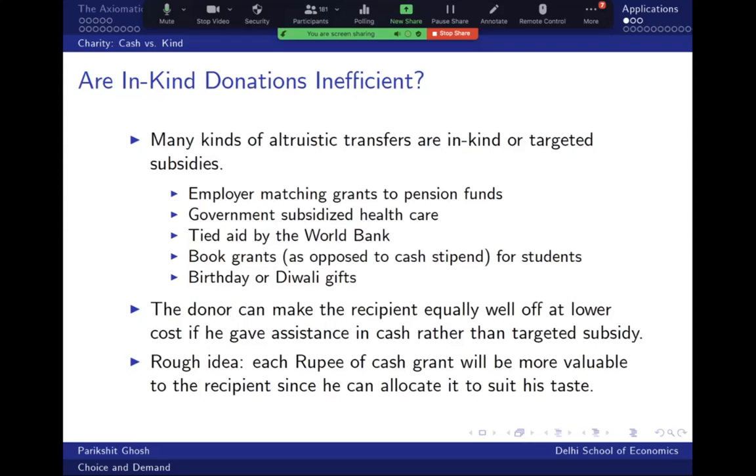You could say that the donor can make the recipient equally well off relative to an in-kind assistance. You can take the recipient to the same level of utility with less money. The rough idea is that a rupee of cash grant will be more valuable to the recipient because the recipient can allocate it to suit his own preferences or tastes.